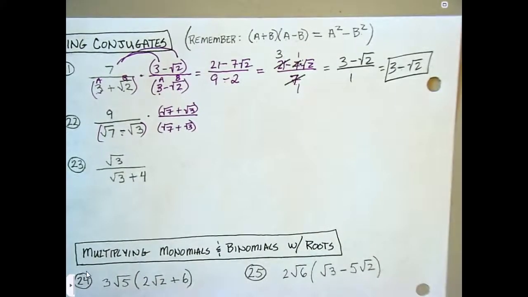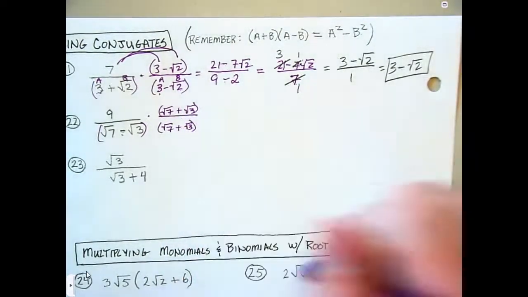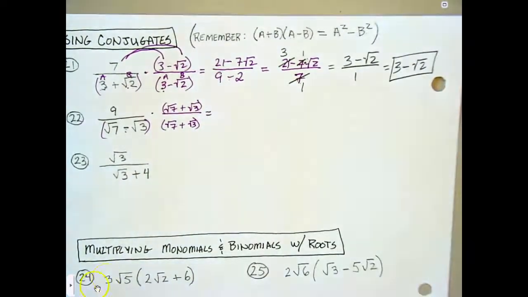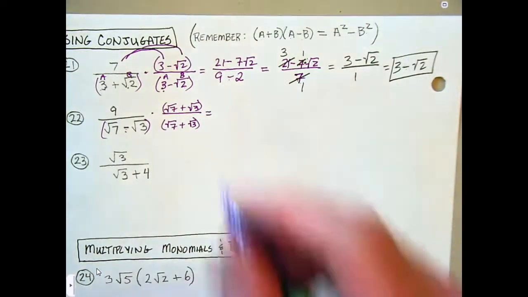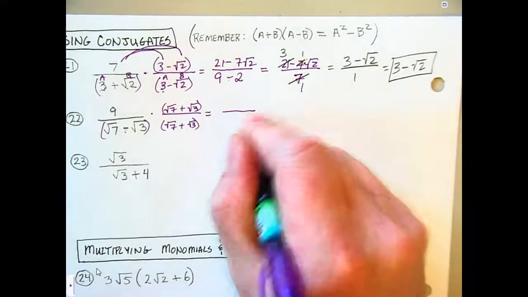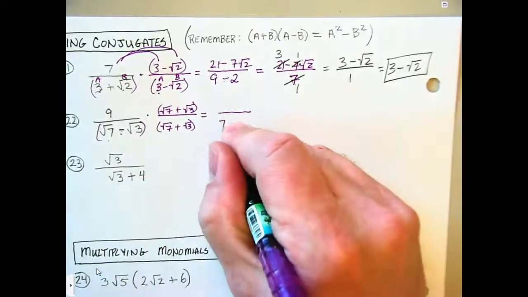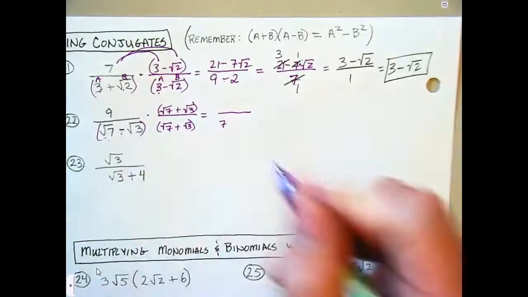Okay. I want you to try to finish up number 22. Root 7 by root 7 is 7.